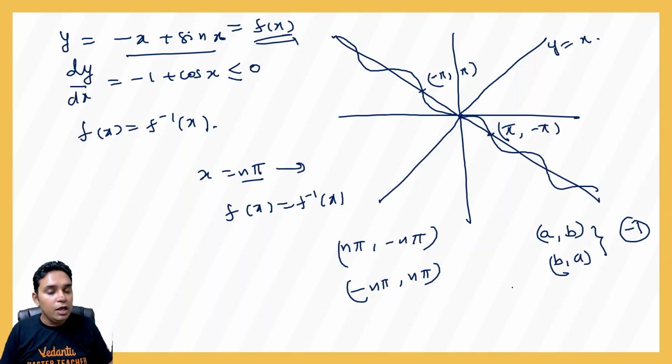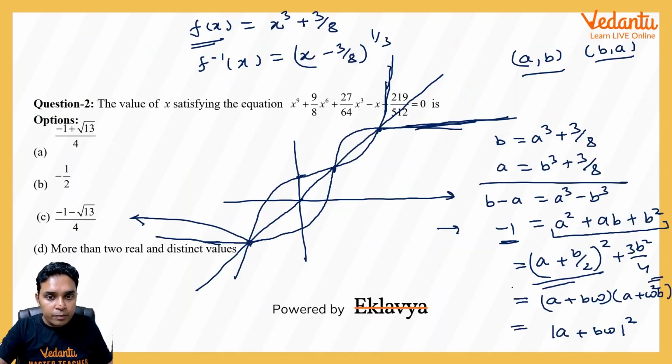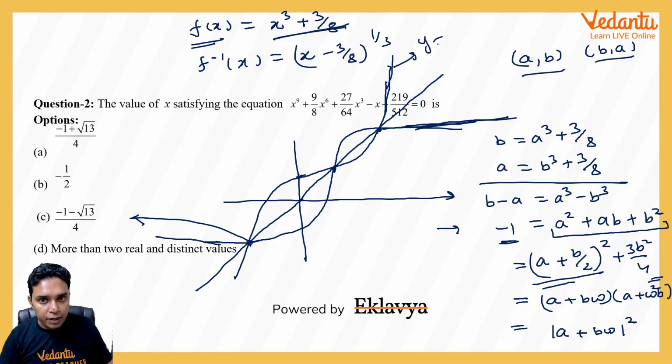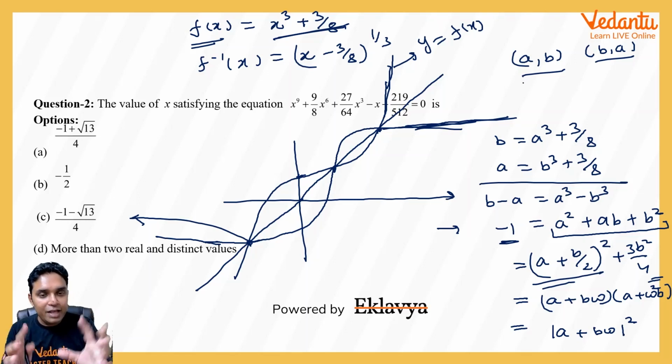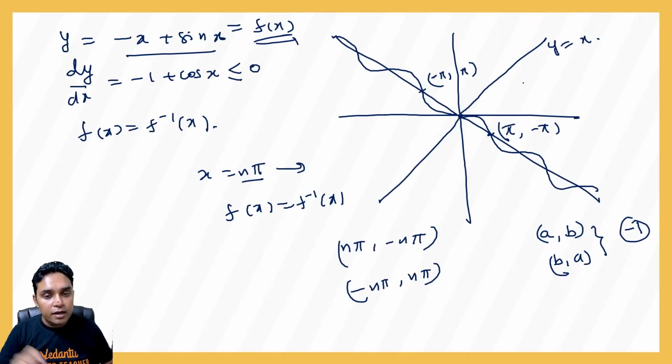Otherwise there will be no such solution. Like in our previous example also, you can see this graph was strictly increasing. There is no chance that you may have 2 points lying on this graph of y equals f(x) or f inverse x where the slope can be -1. So I hope you have understood what I'm trying to tell you. This is one very, very important thing to remember while solving such questions.